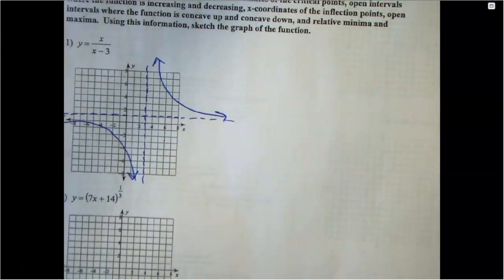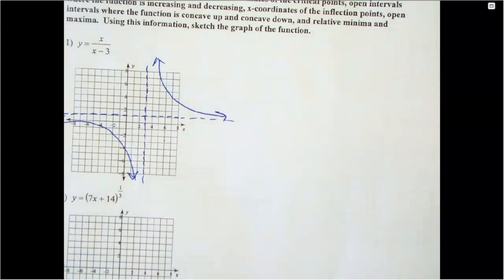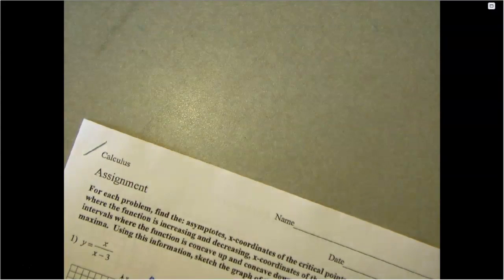I thought we were going to do that, and I just stopped worrying about it. Any questions I can answer on number 1? Yes. What's the problem?